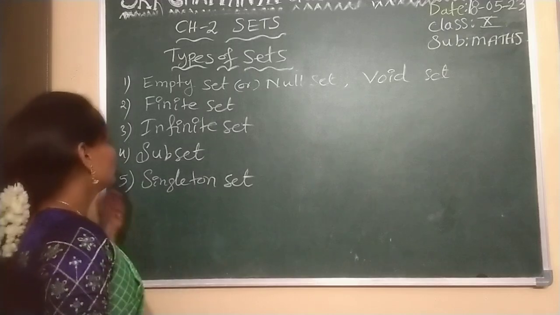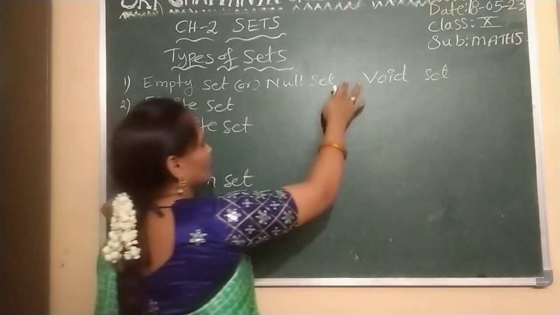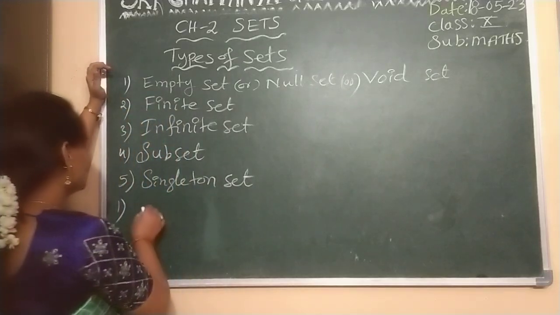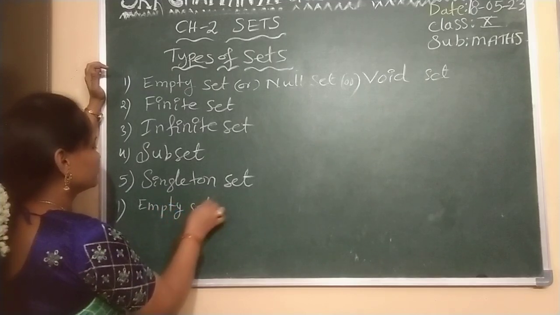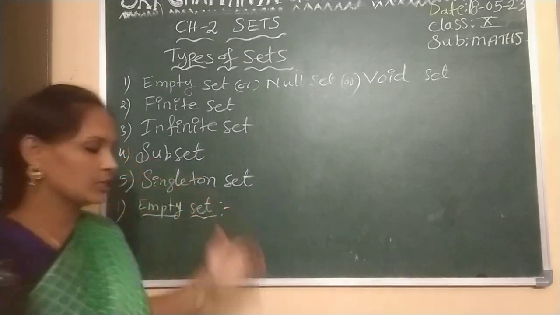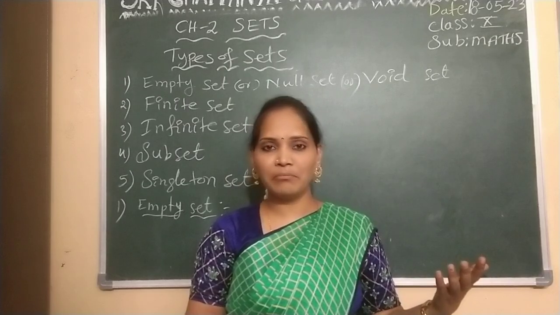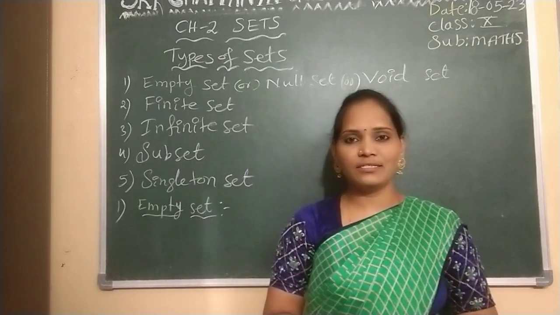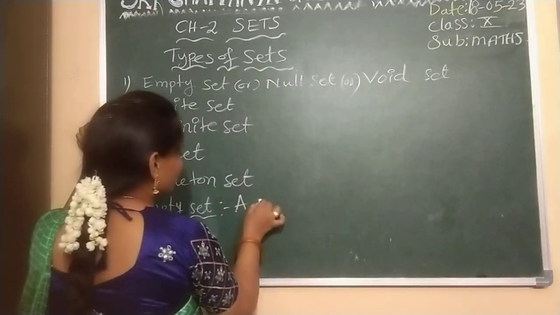Now first one is null set, empty set or void set. So what is the definition of empty set, null set, void set? Here the definition: a set which contains no elements. Empty meaning is nothing. Yes or no? So a set contains no elements, that is called empty set.